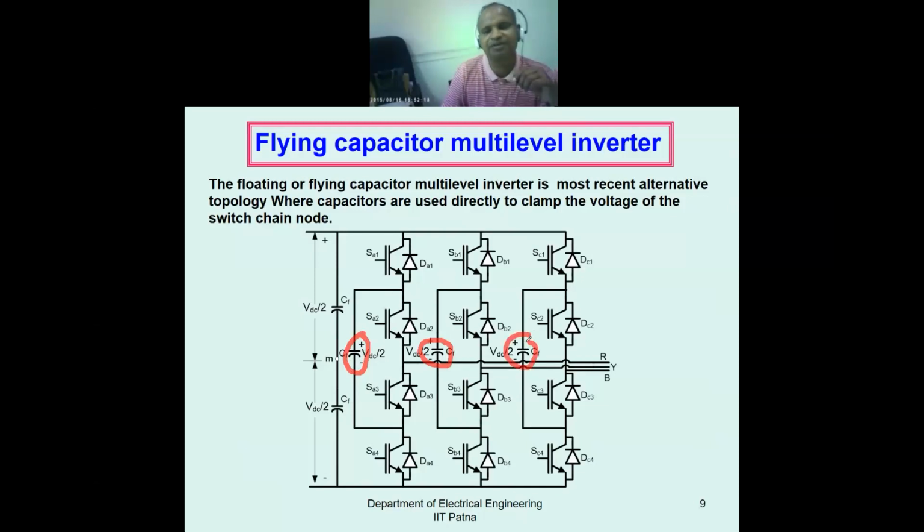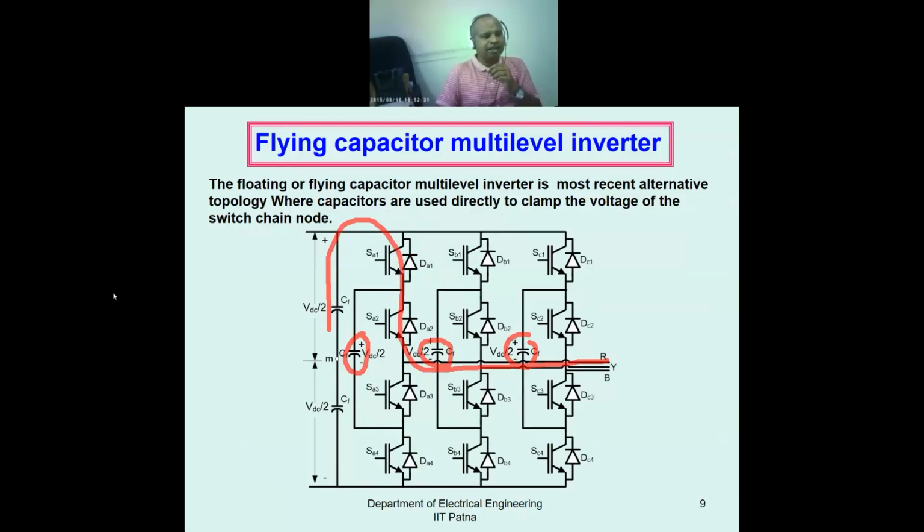So how does this take place when this is connected to 1 and 2? You see, this is the circuit with 1 and 2 connected.